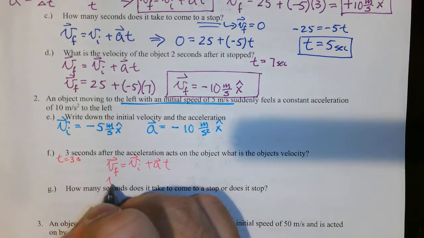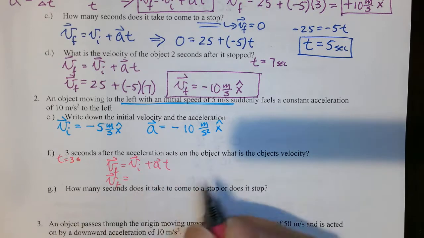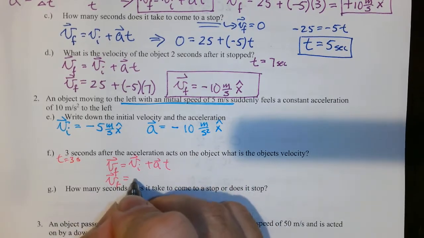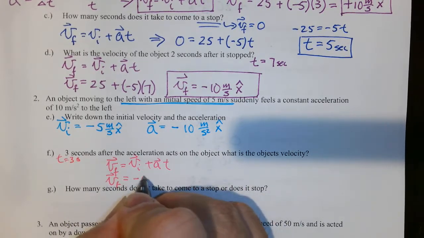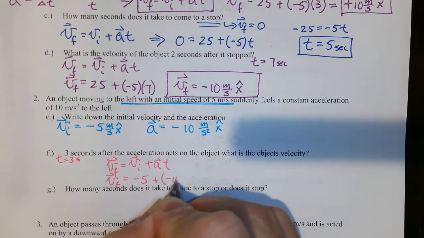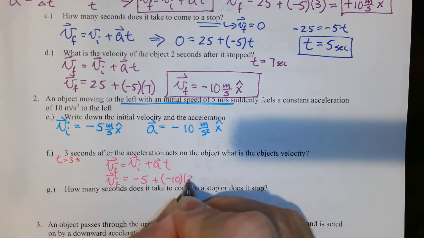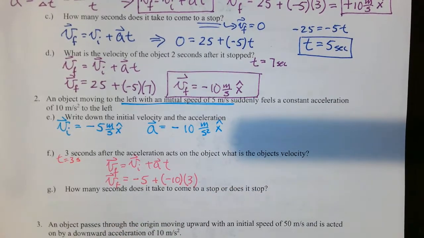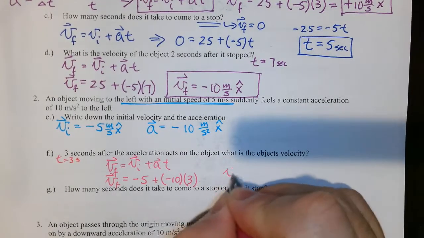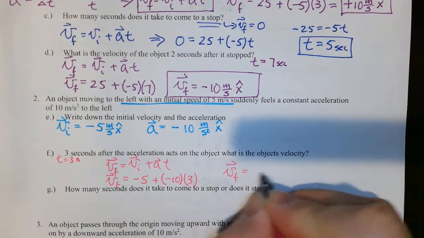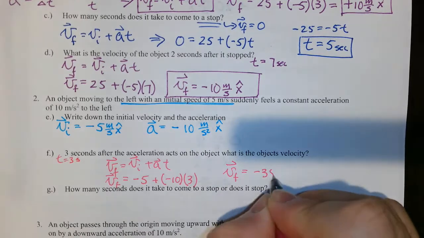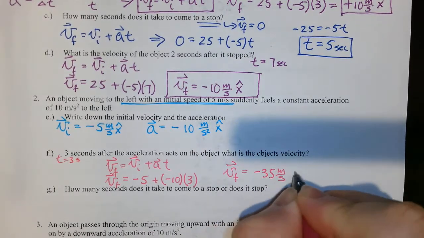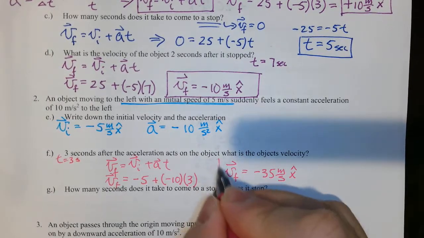My Vf is equal to Vi, which is -5, plus -10 times 3. So my final velocity after 3 seconds is equal to -35 meters per second x hat.